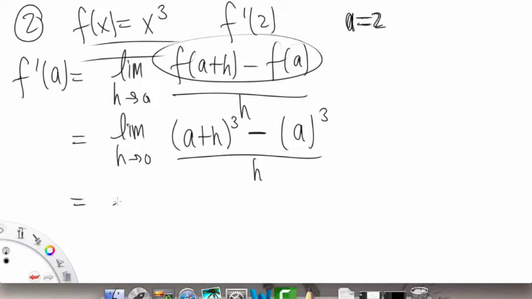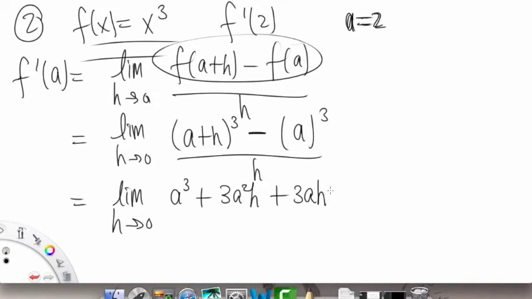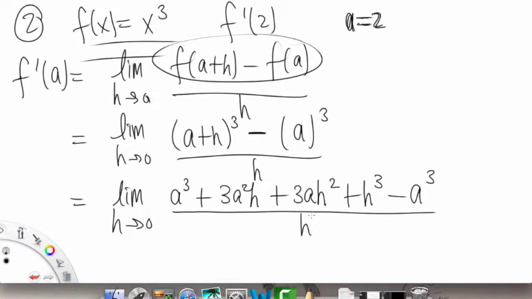So if we expand this out, let's see what we get. The limit as h goes to 0 of a to the third plus 3a squared times h plus 3a times h squared plus h to the third, and then minus a to the third, all over h.